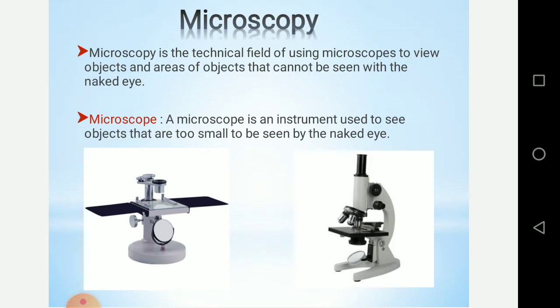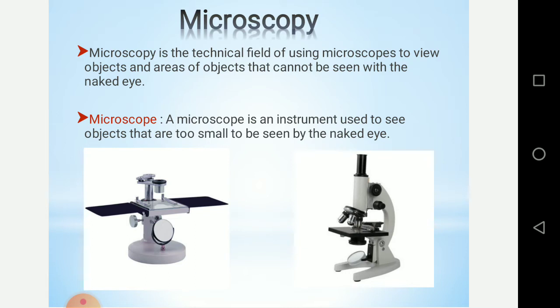Before understanding what is electron microscopy, we will just see what is microscopy. Microscopy is the technical field of using a microscope to view objects and areas of objects that cannot be seen with naked eyes. So it is basically used when you cannot see the organism with the naked eye.